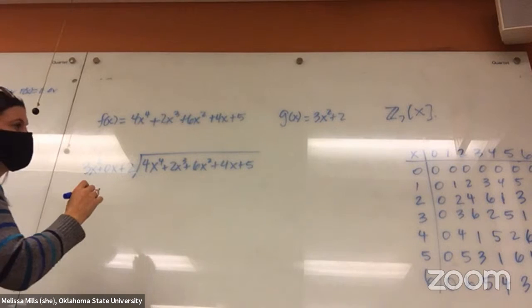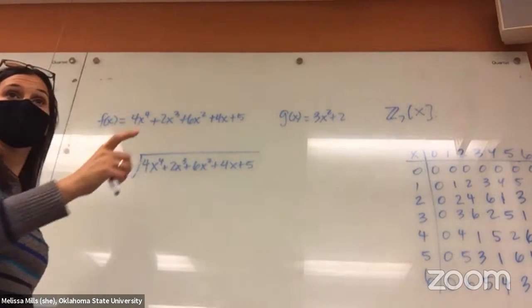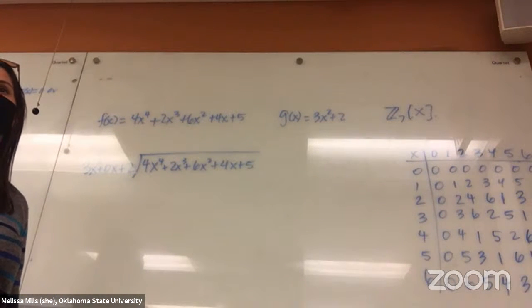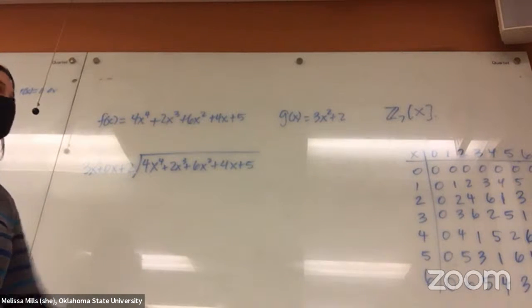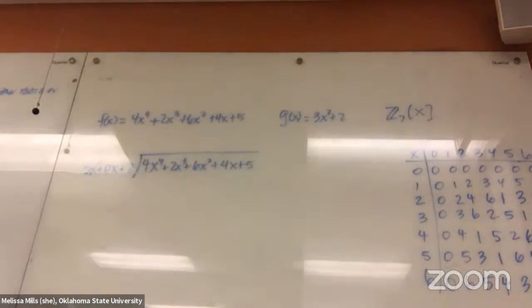So they're equal in that ring, which means the corresponding coefficients are in the same congruence class.